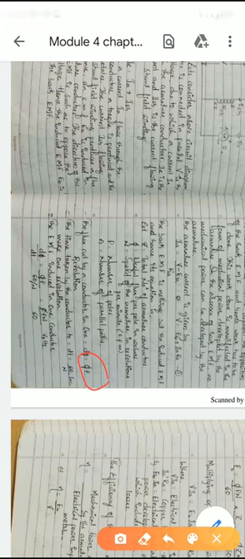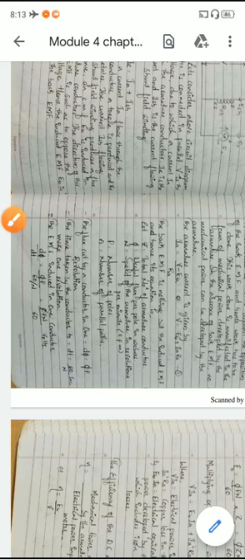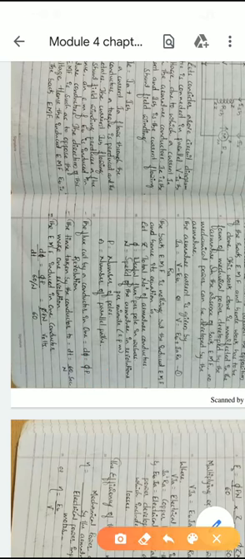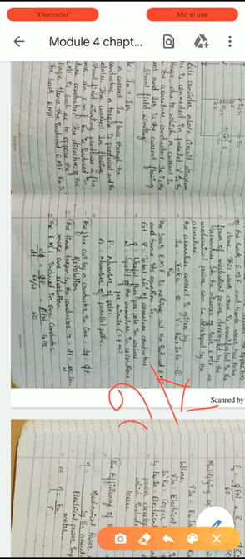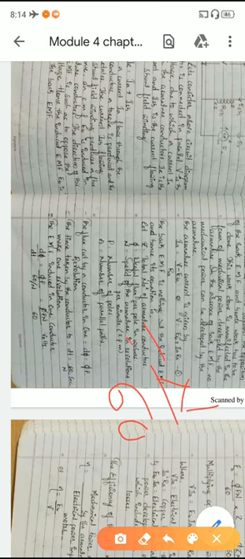Next, the time taken by a conductor to make one revolution. N is revolutions per minute. Revolutions per second will be N by 60. The time taken to complete one revolution is just like your frequency.